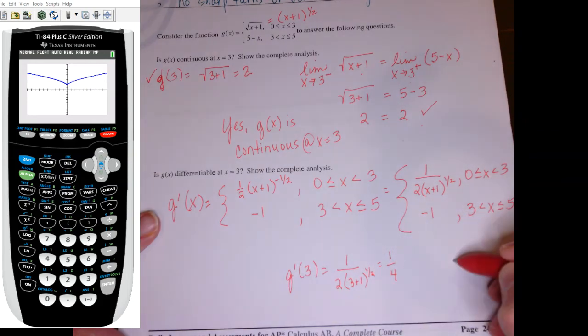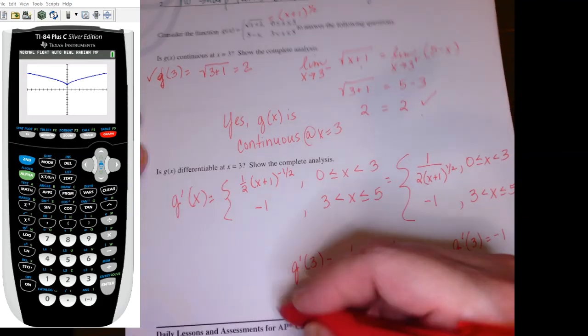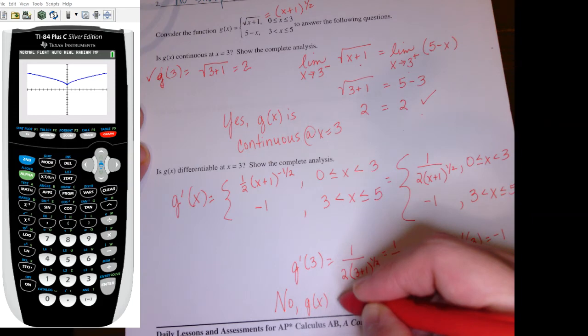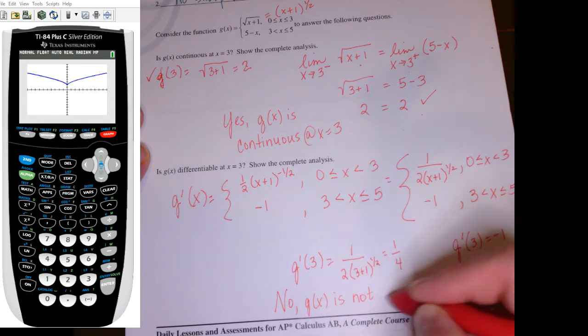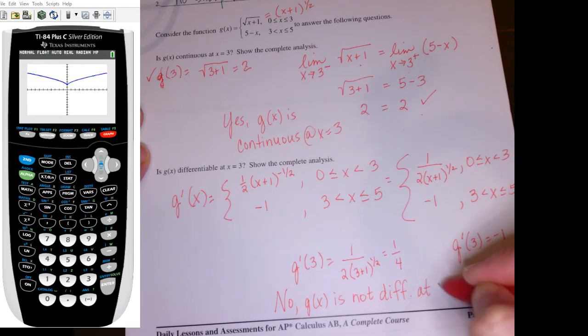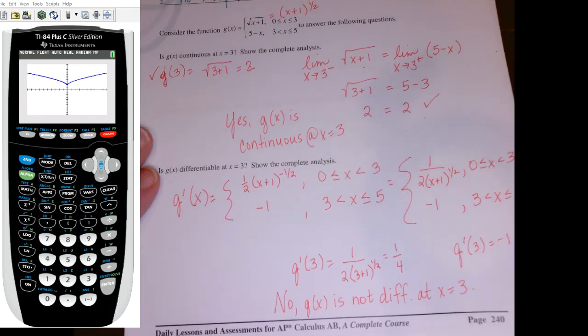Derivative at 3 from the other side gives me negative 1. So I know that g of x is not differentiable at x equals 3. And I just showed why, because I take the derivative and I get a different derivative from both sides of 3.